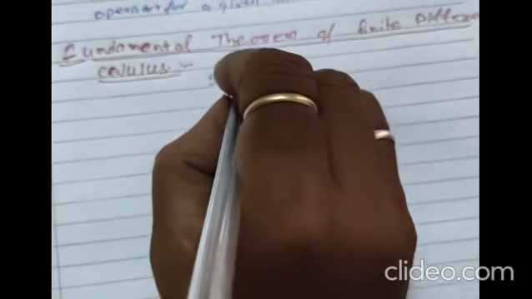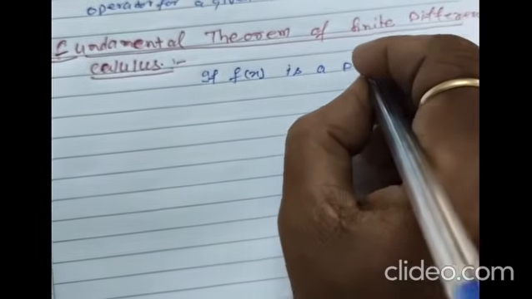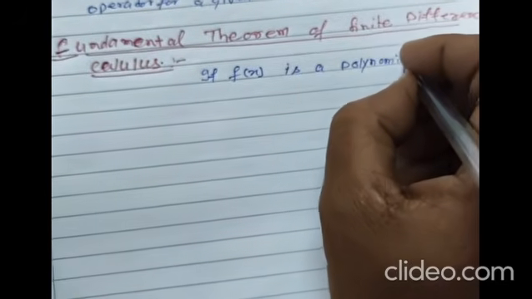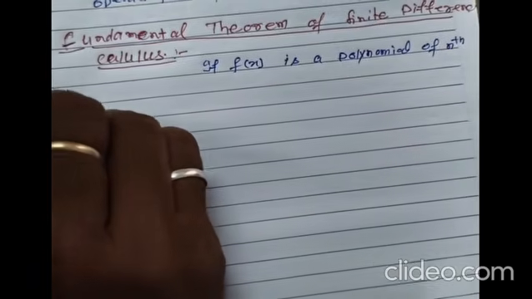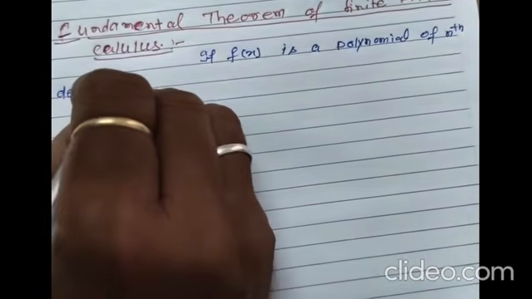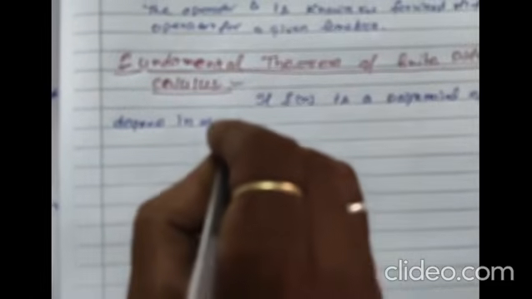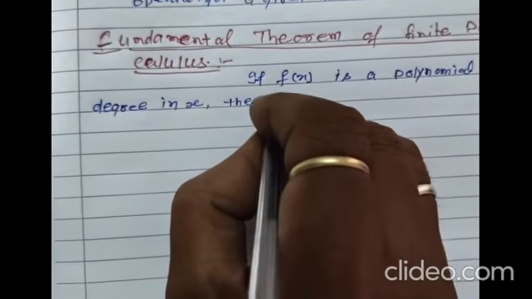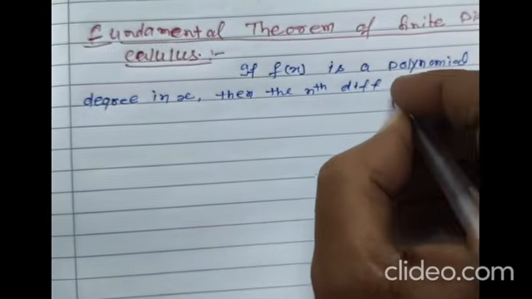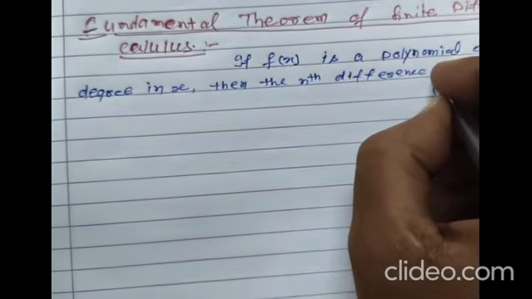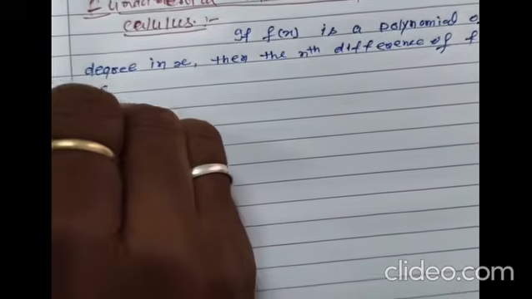इफ फंक्शन ऑफ एफ एक्स is a polynomial of nth degree in x, then the nth differentiation of function f(x) is constant.